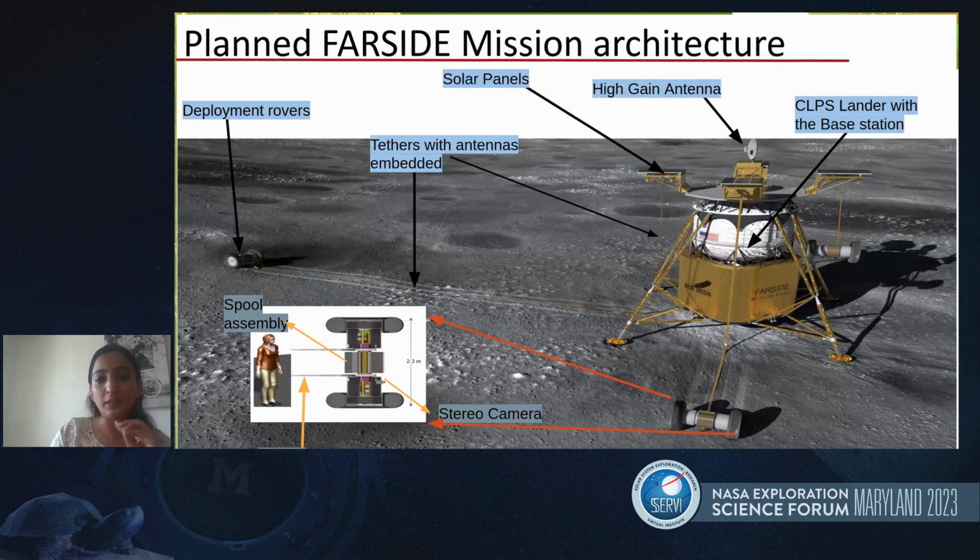And the most important thing is we'll have 4 robotic rovers that will deploy the elements of our array. Each rover will have tethers embedded in them, rolled up. As the rovers go out, they will lay out the tethers. In the tethers are embedded the antenna elements, or the array sensing elements. And that's the plan we have for it.